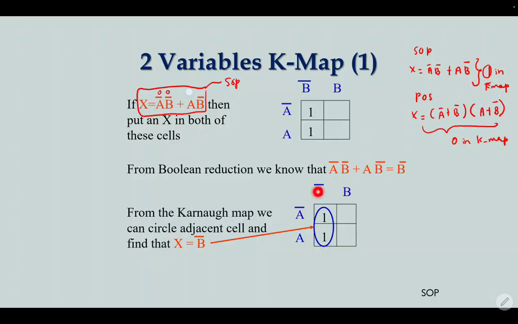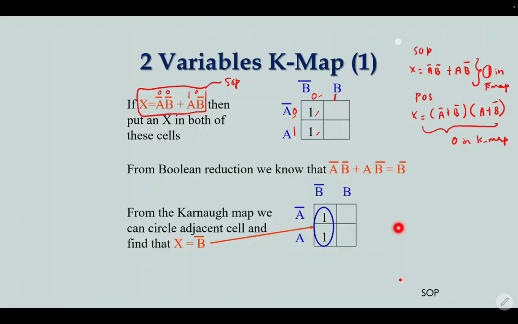A B bar is 1, 0. So you got 0, 0, you place number 1 for A bar B bar. A B bar is 1, 0: A is 1, B is 0 here. So you already locate the position of 1.